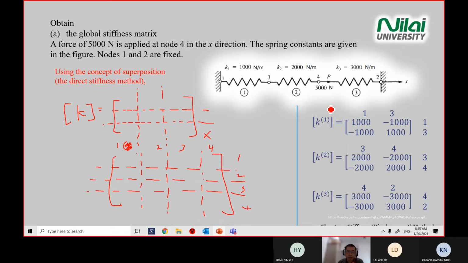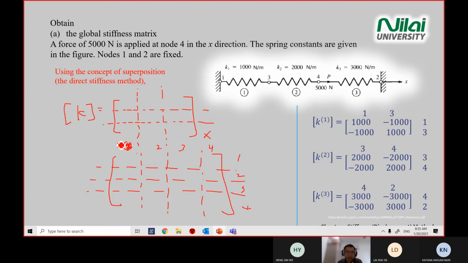You need to look at the stiffness matrix that you have. Here we have four location coordinates in the matrix. So we just apply. How do we fill in the space here? The first one, you look at number 1.